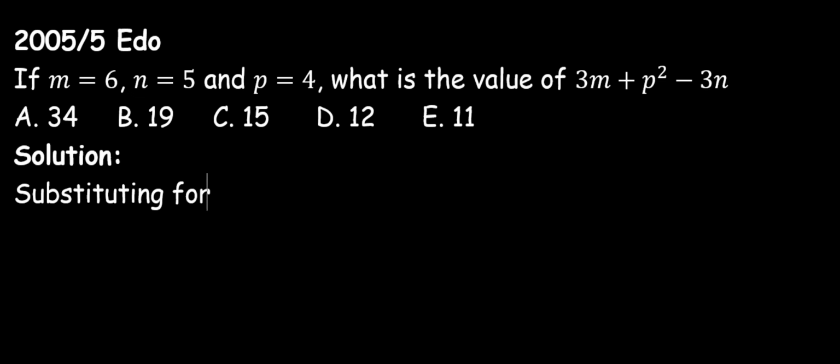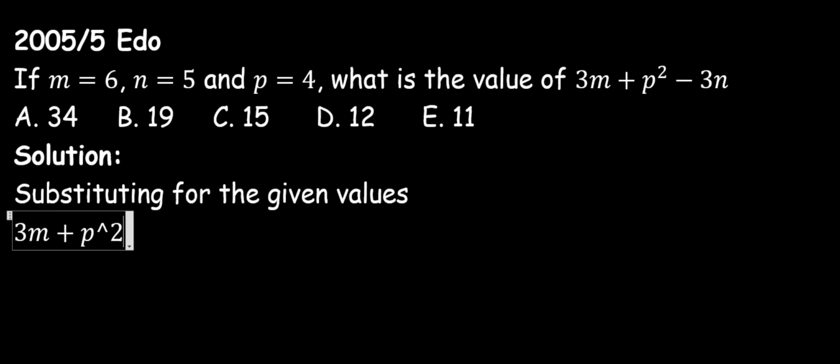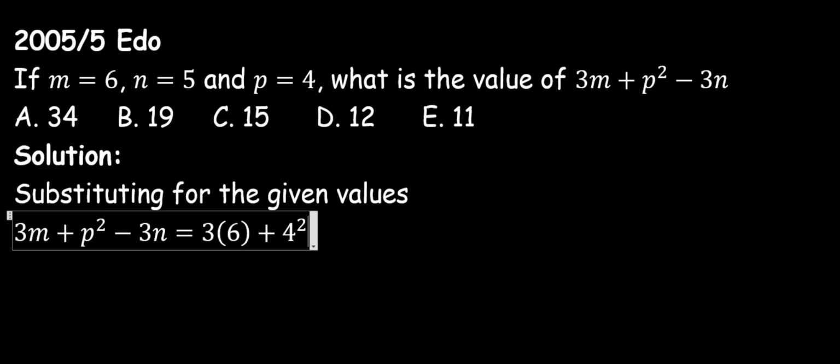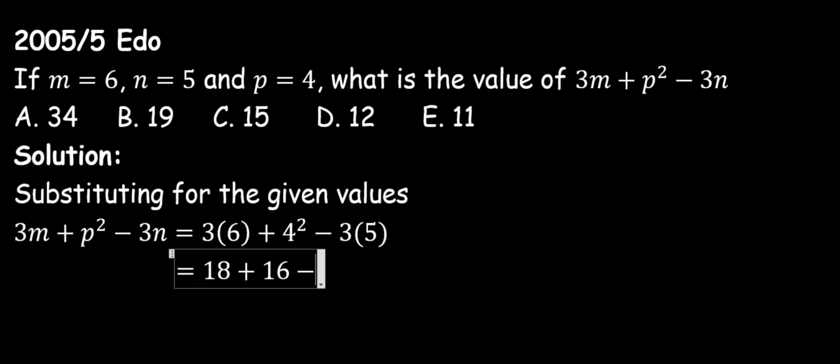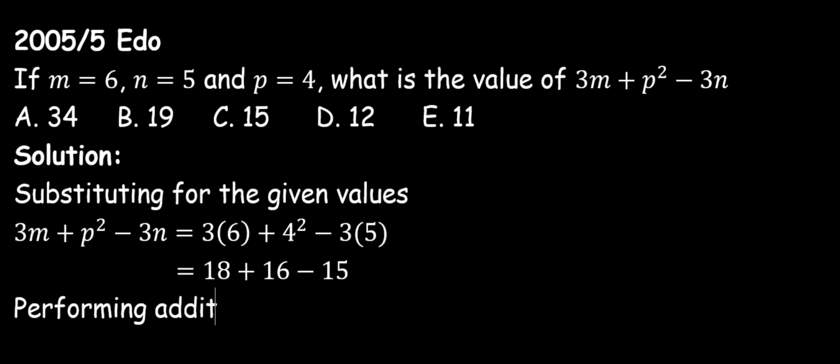Substituting for the given values, we have 3M plus P squared minus 3N will be equal to 3 into (6) plus 4 square minus 3 into (5). And our result will be 18 plus 16 minus 15. Performing addition first, we have 34 minus 15, which is equal to 19.